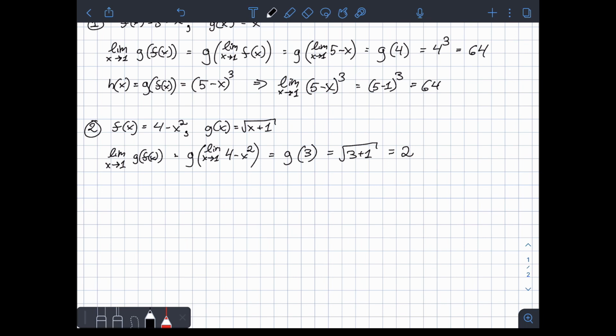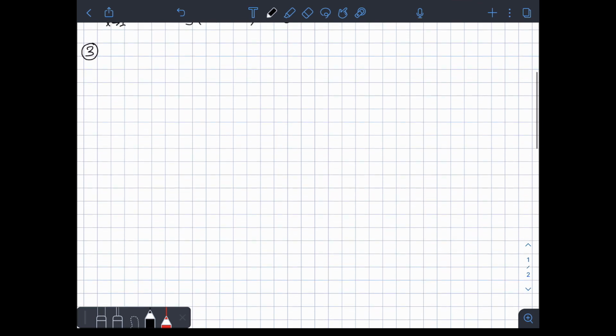That's as far as composite functions go. As far as the other properties, we'll just do a couple examples here that kind of show it real quick. And so let's say you have some function f of x, and you know that the limit as x approaches c, which is some value, doesn't matter specifically what it is, of that function is equal to a specific number.